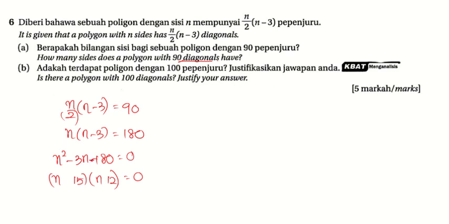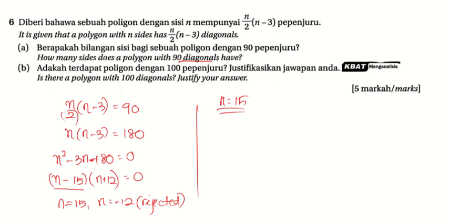So this is negative, and this should be positive. Yeah, okay. So n minus 15, n equals 15, or n equals negative 12. Rejected. Ditolak. So n equals 15.